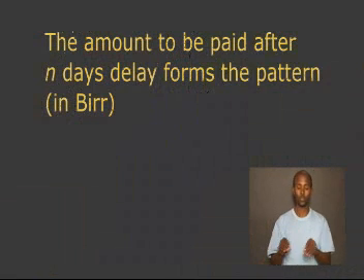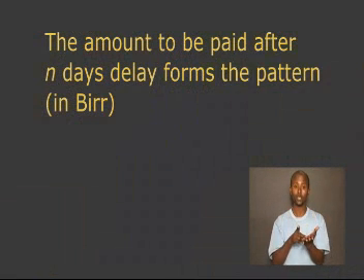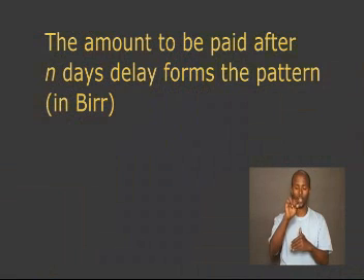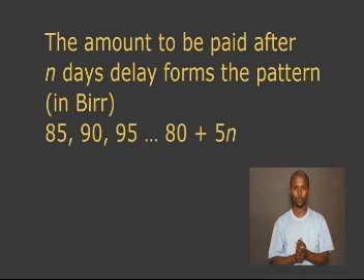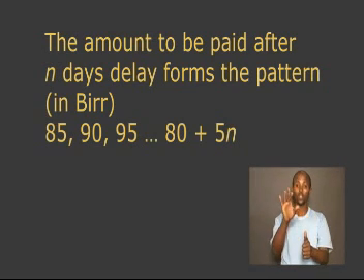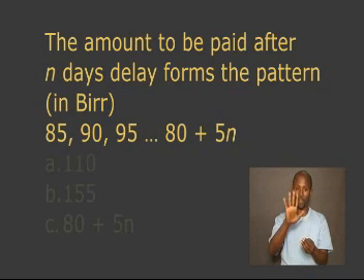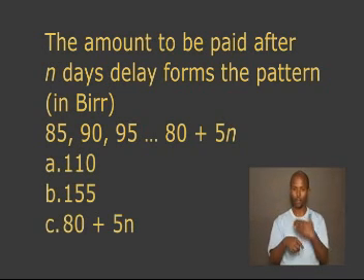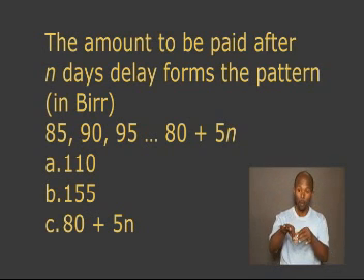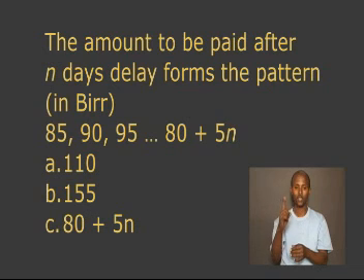Welcome back, students. The amount to be paid after n days forms this pattern in birr: 85, 90, 95, and so on to 80 plus 5n. Therefore, after 6 days, her bill would be 110 birr.